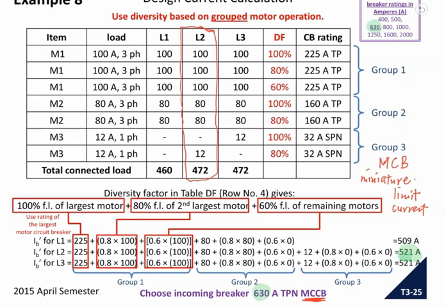And so, to overcome the current limitation of the MCB, we have a device called the MCCB. We add another C to it. And this is what we call the molded case circuit breaker.